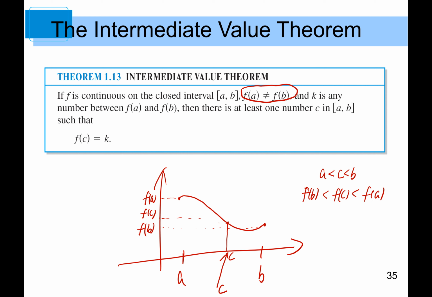And since f(c) equals k, k is greater than f(b) and less than f(a). Right, so this is a key feature of the intermediate value theorem.